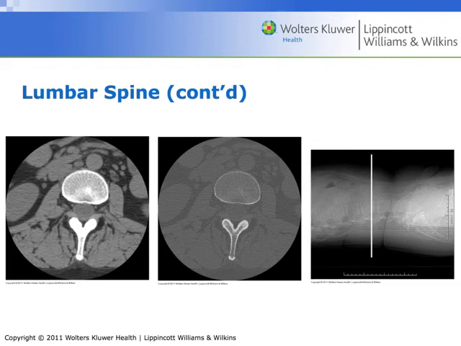Okay, proceeding. This is actually the inferior vena cava. The aorta. This is the L2 vertebra, vertebral body. Psoas muscles.